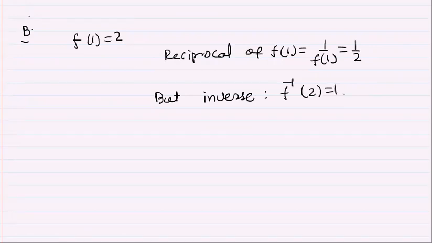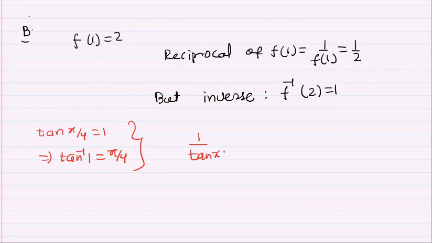We will understand why it happens so, but you have studied a little bit in 11th class. Like tan(pi/4) equal to 1 implies tan inverse 1 equals pi/4. If you know, that's good. If you don't know that much, it is also fine. And the reciprocal of tan(pi/4) is 1 upon tan(pi/4). So this is reciprocal, that you know very well. So the reciprocal and the inverse are not the same thing in calculus. That much is sufficient.